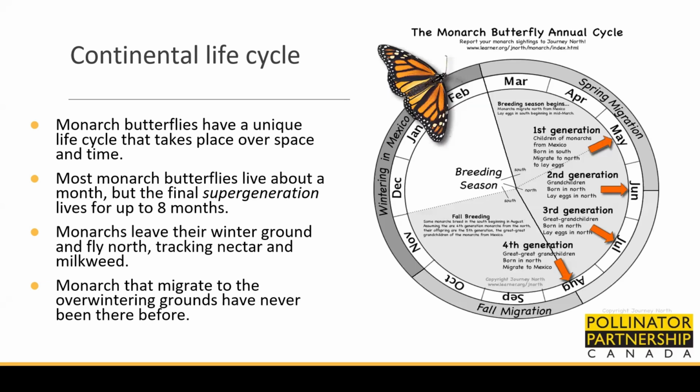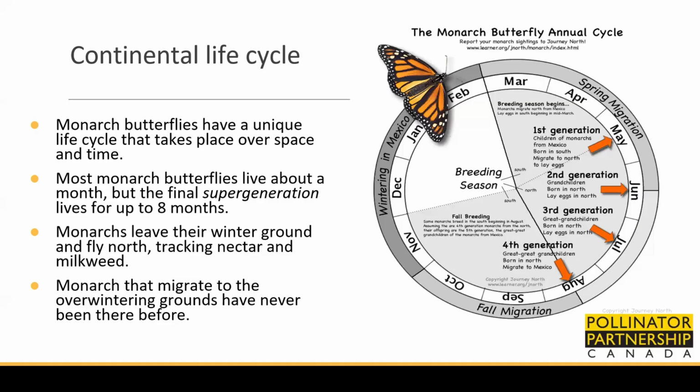Now let's look at the monarch butterfly annual life cycle, which is also a continental life cycle. This is distinct as the life cycle of the monarch butterfly occurs through both space and time across North America. Most individual monarch butterflies live about a month, but the final supergeneration lives for up to 8 months.